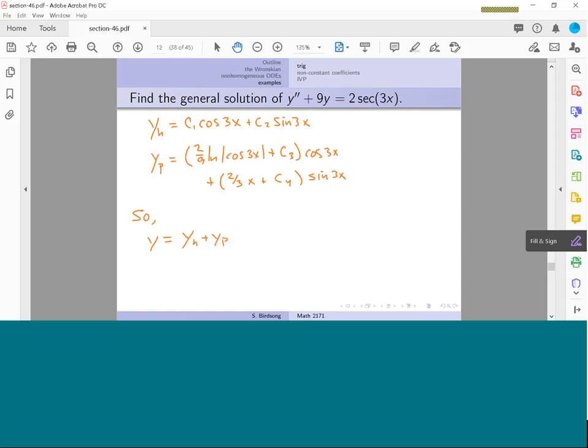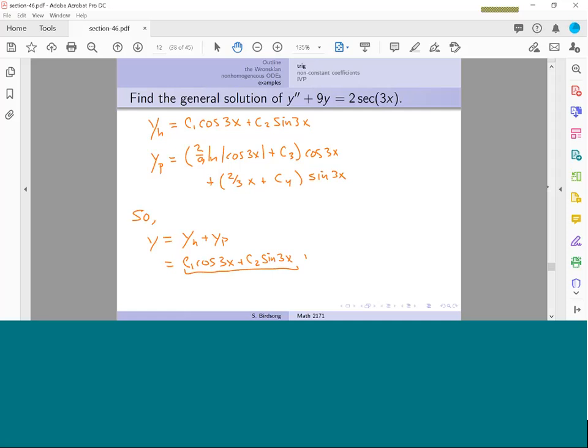Now, here's something to know. When you're doing variation of parameters, I'm going to claim that you're never going to need these constants from your integration. You're never going to need the C3 and C4. Here's why. You've got C1 cosine of 3x plus C2 sine of 3x from your homogeneous solution.